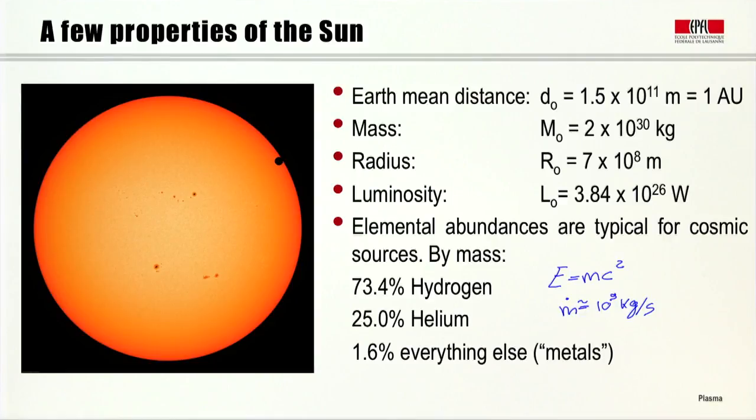And finally, the elemental abundances of the Sun are typical for cosmic sources. The Sun is made approximately in mass by 73.4% of hydrogen, 25% of helium, and then 1.6% of everything else, mostly metals.